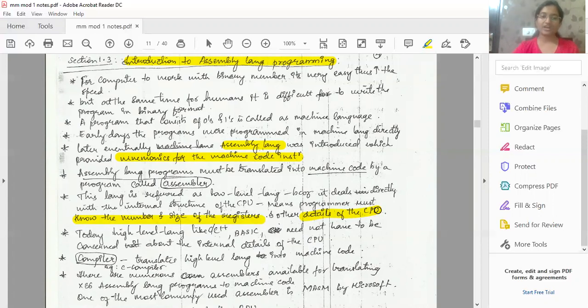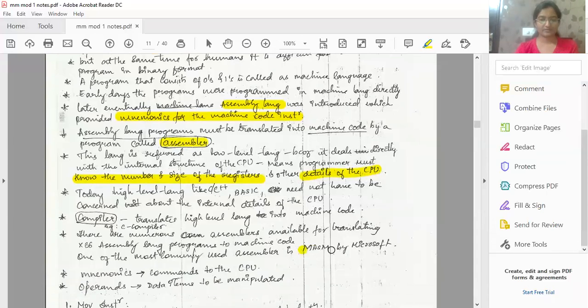To convert these low level languages into machine code, in terms of zeros and ones, we used an assembler. There are many assemblers available, but the most common was MASM, the Microsoft Assembler, made by Microsoft.